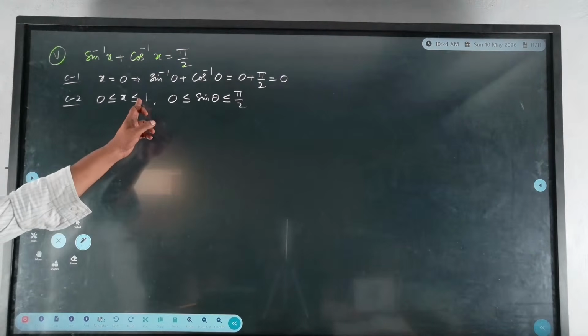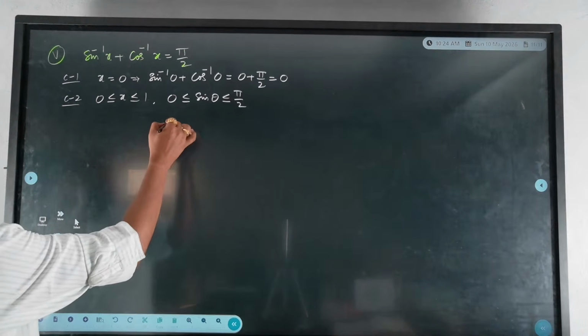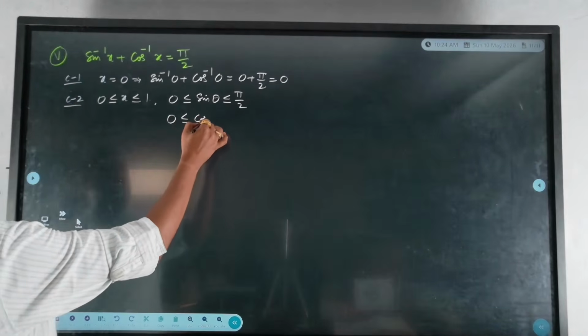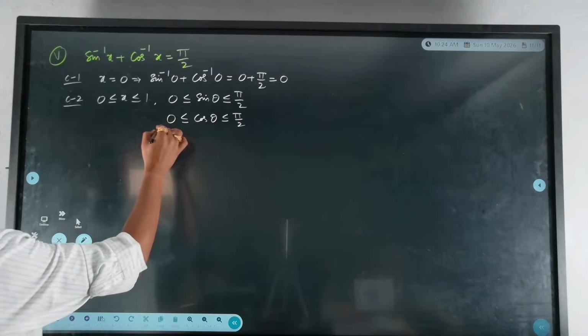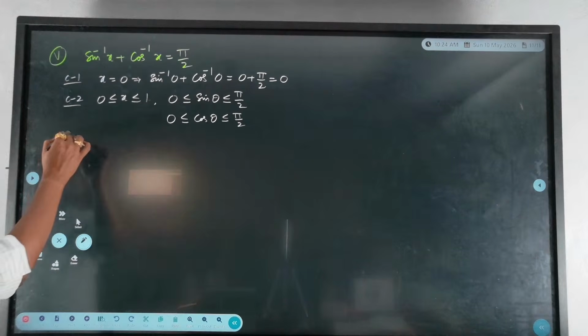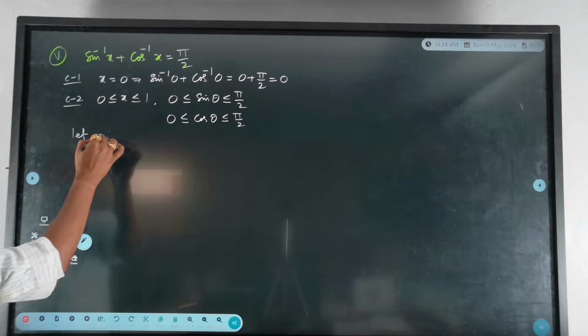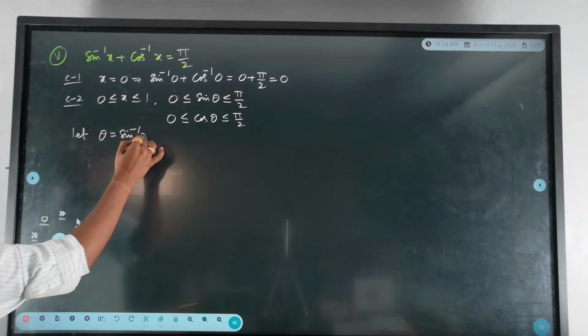Sin 90 is 1, sin 0 is 0. Again, 0 less than or equal to cos inverse x less than or equal to pi by 2. And cos 90 is 0, cos 0 is 1. Right? Okay. Now let theta is equal to sin inverse x.